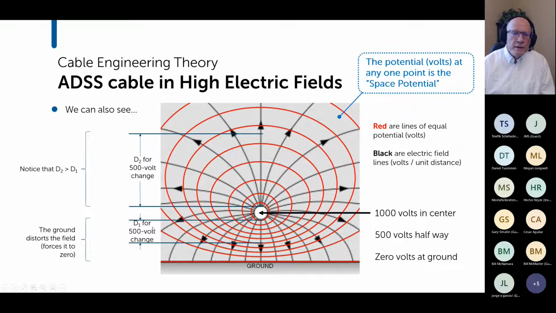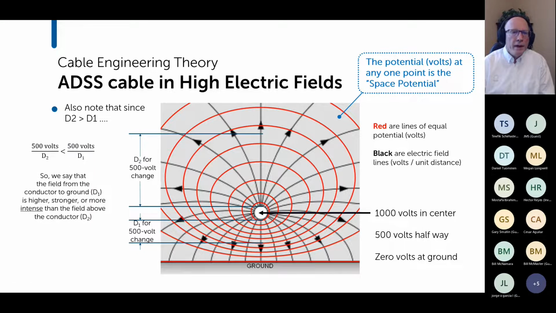But you can still see that it takes a certain distance before the field has been reduced by 500 volts. But above the conductor, that distance gets greater. And then if you've had a 500 volt change here to here versus here to here, we can say that the field here is stronger, or the intensity is greater, or it's higher.